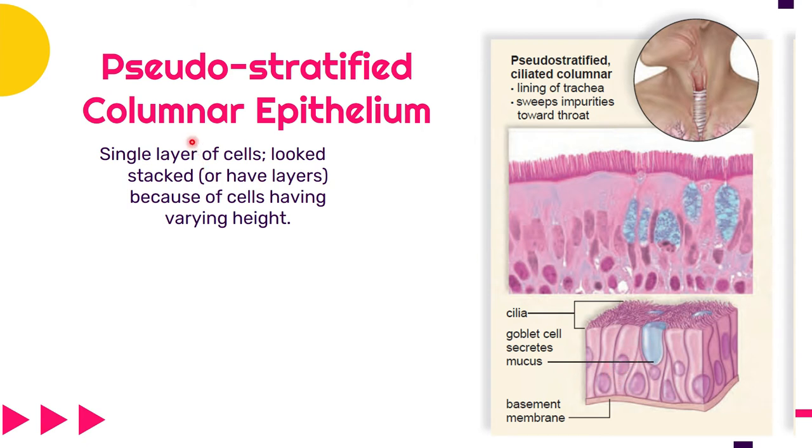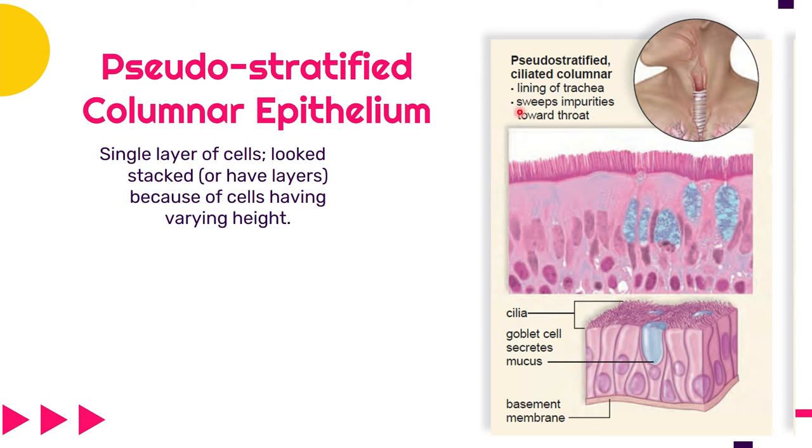These columnar cells are not even; they are of varying heights. Some nuclei are up here, others are down here. So at one glance you would say this type of epithelial tissue is made up of more than one layer, but it is really only one layer of columnar cells.